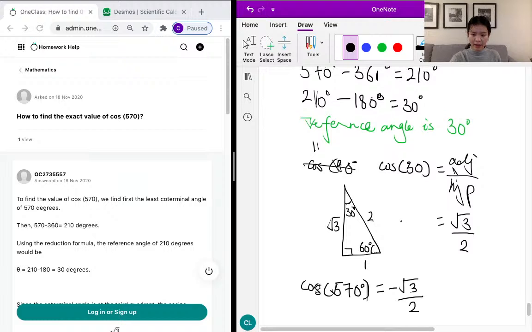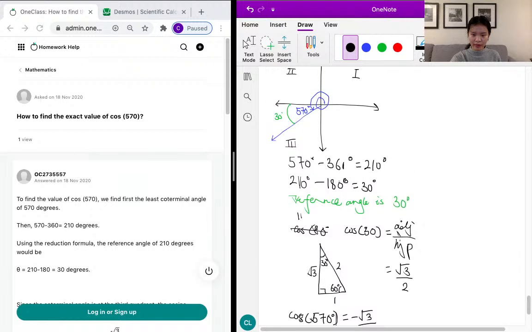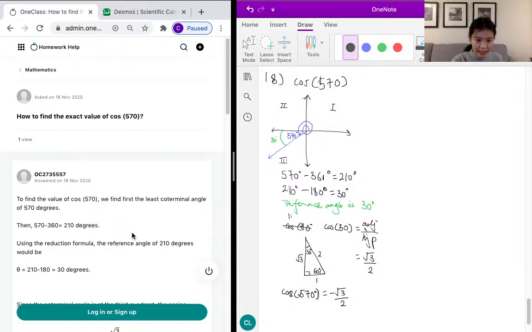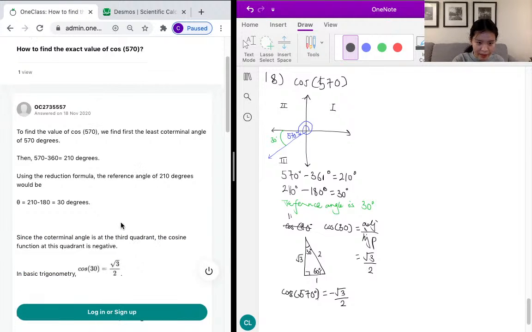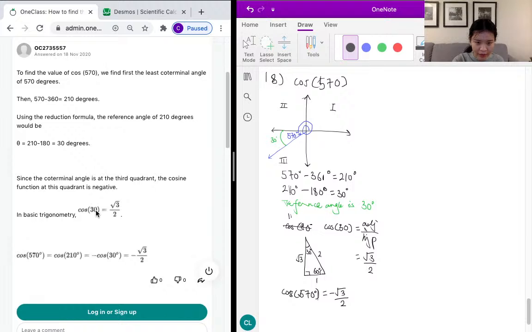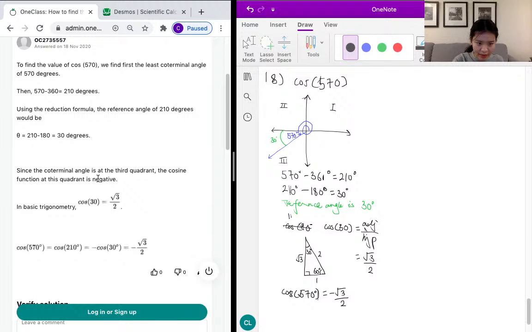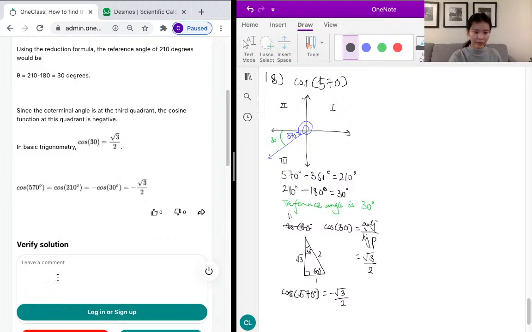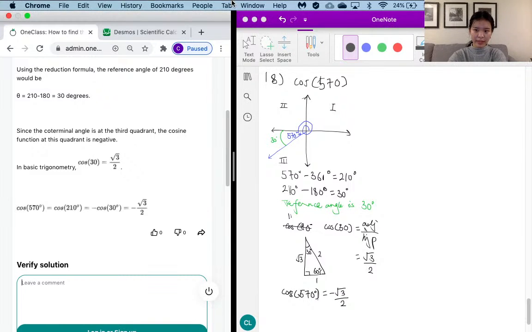Alright, now let's look at the sample solution that was given, and let's briefly check through it. Yep, they also get the reference angle correctly, and they got the cosine of 30 degrees, and yes, it's in the third quadrant. And yes, the cosine of 570 is negative root 3 over 2. Their solution is correct.